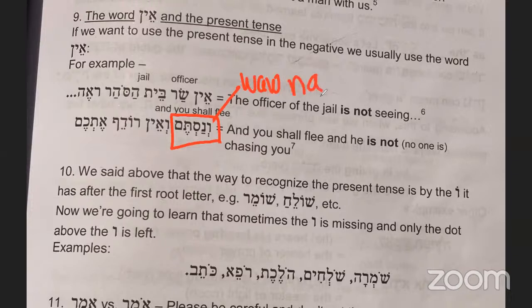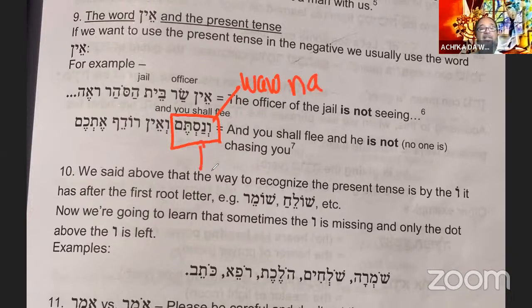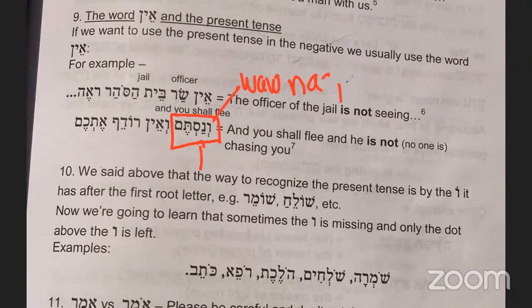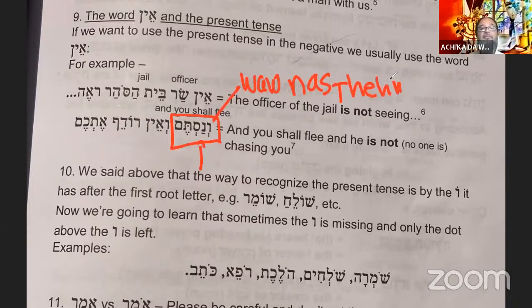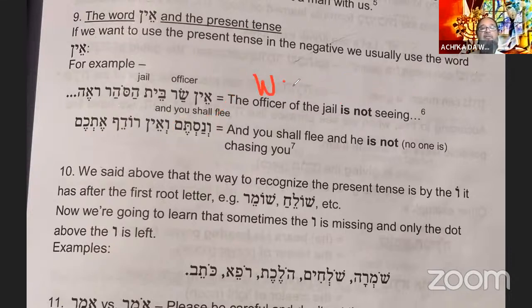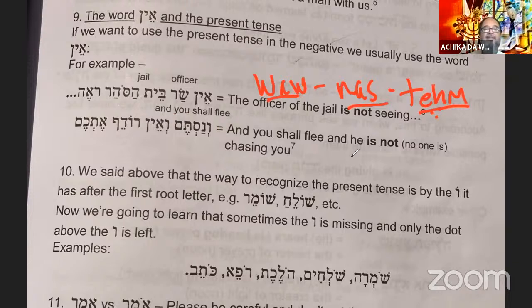Nas. Tim. It's a hard T sound because there's a dot in it. Then you've got the eh from the three dots, and then the M. Wanastim.